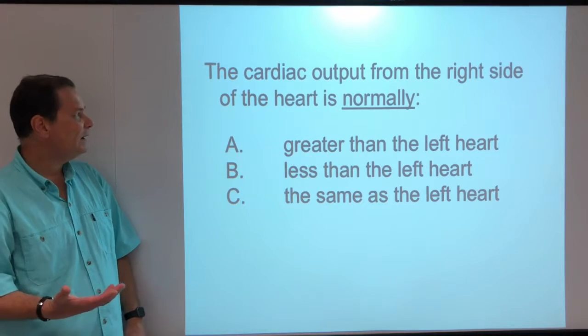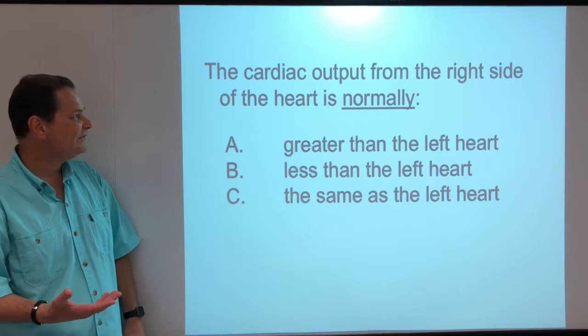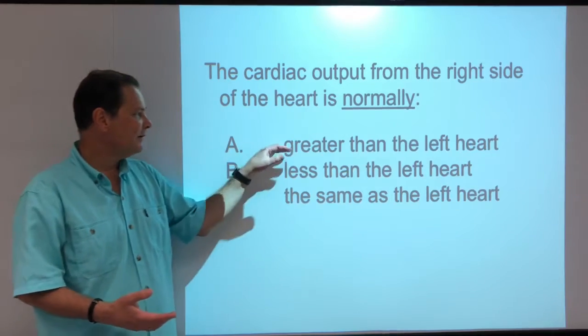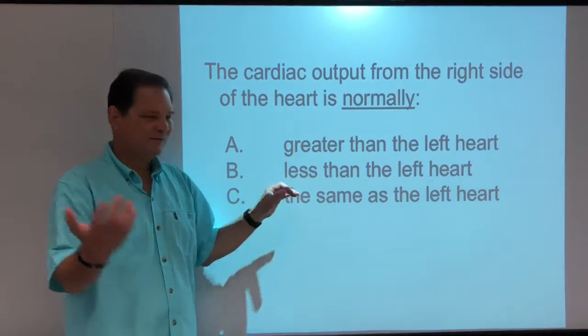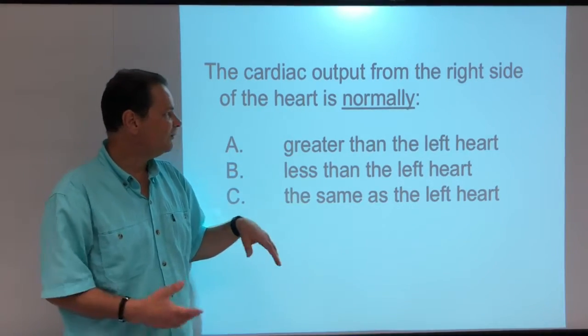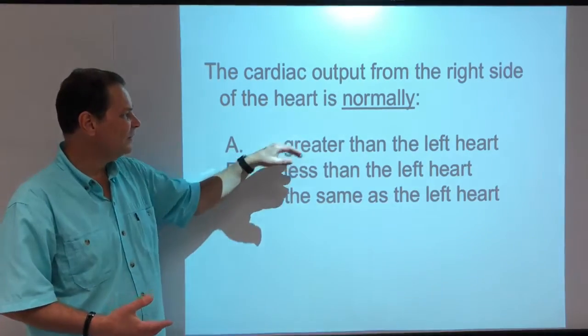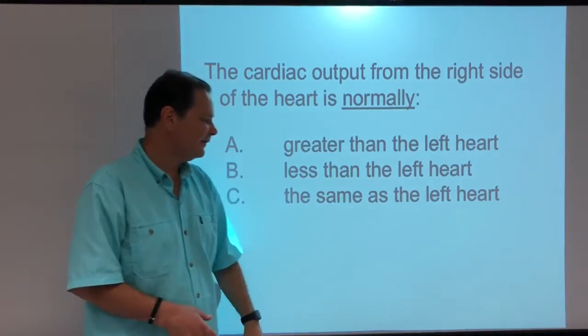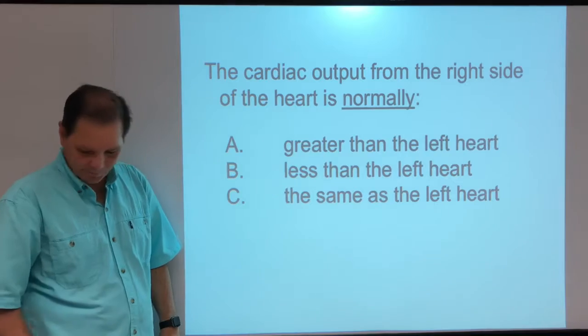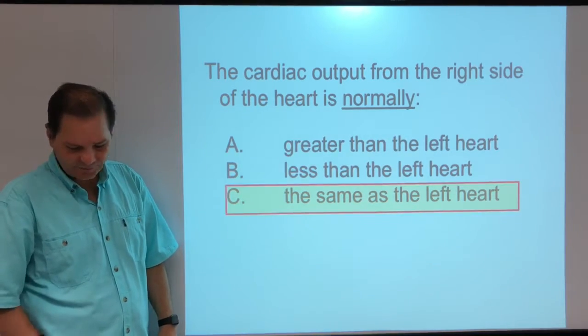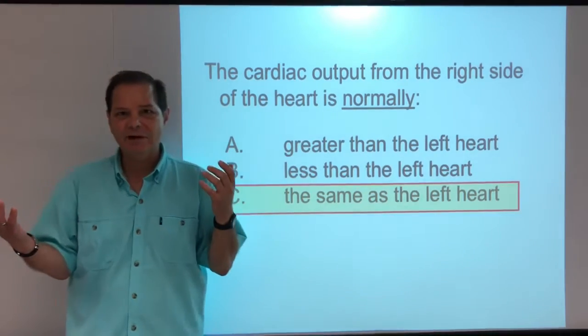And finally, cardiac output from the right side of the heart is normally greater than, less than, or the same as the left heart. Okay, on the right, is it less than the left heart, greater than the left heart, or the same as the left heart? Okay, it is the same. You have to know that, right?